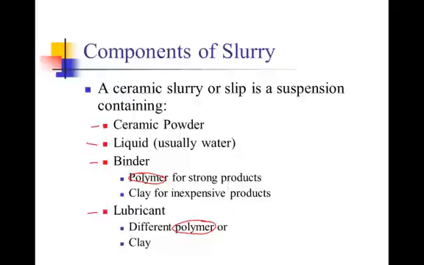But in the case of an inexpensive product, clay is a nice alternative because not only is it an inexpensive material, but the same material can be used as both the binder and the lubricant in those type of applications. Dentistry counts as a high-tech application, and so we would use a polymer binder and lubricant in our slurries.